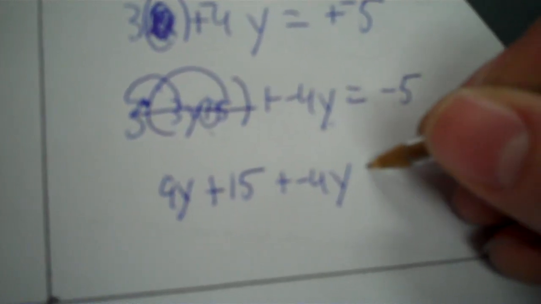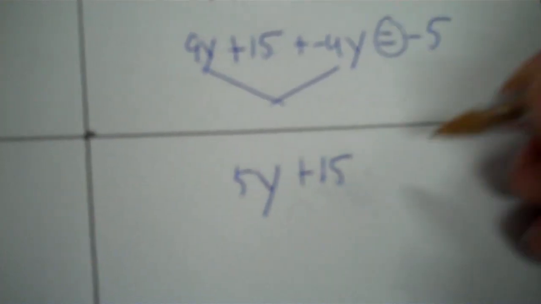Okay, so here's the plus. So you're multiplying the 3 into that. So plus 3 times 3y is 9y. 3 times 5, 15. Then you have to add the -4y, and then you're equal to your -5. So I combine the like terms, 9 and -4, that's going to be 5y, plus the 15 equals -5.